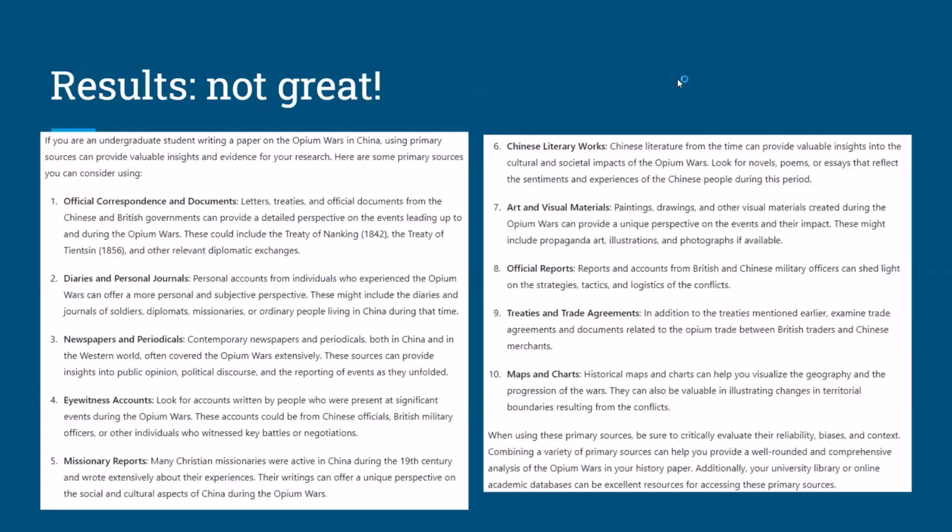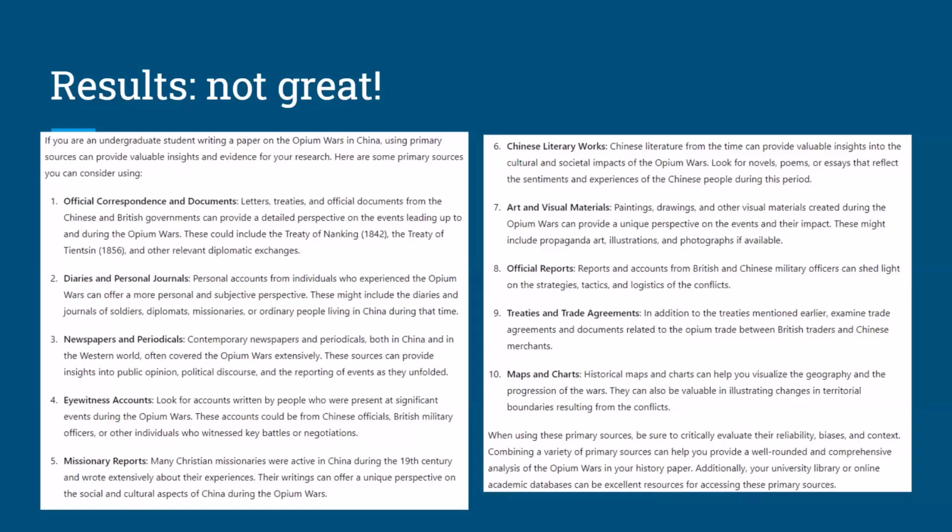So the results in ChatGPT, not surprisingly, were not great. It gave a lot of information about the kinds of primary sources that might be available, which would be helpful if that is the question you were asking.